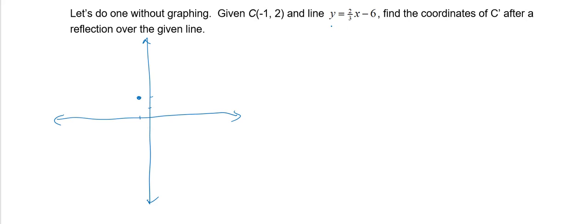And I have a line to graph here, so it's going to go through -6, 3, 4, 5, 6. There's my y-intercept, and it's going to go up to the right 3, 1, 2, 3. And so the line is going to look something like this.